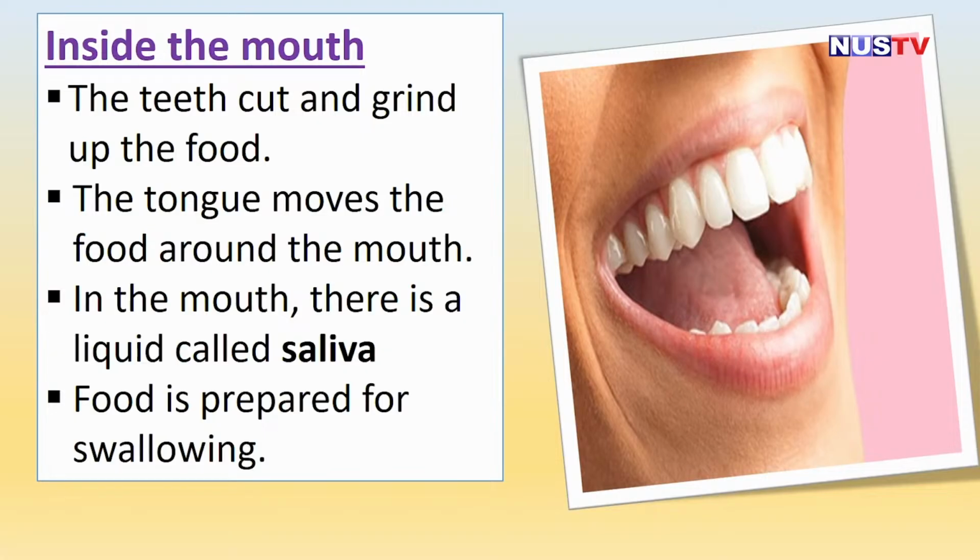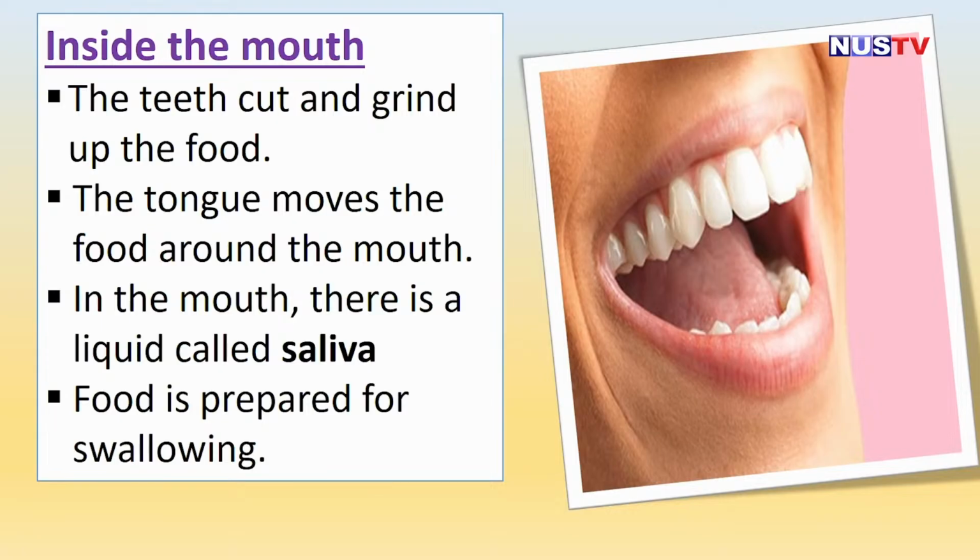Inside our mouth, there are 3 main important things that you can see. First, the teeth, which are white. The teeth cut and grind up the food into pieces.